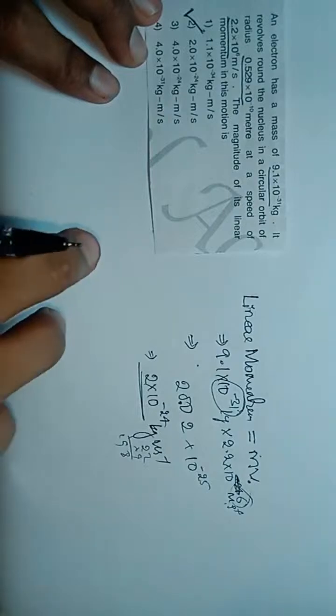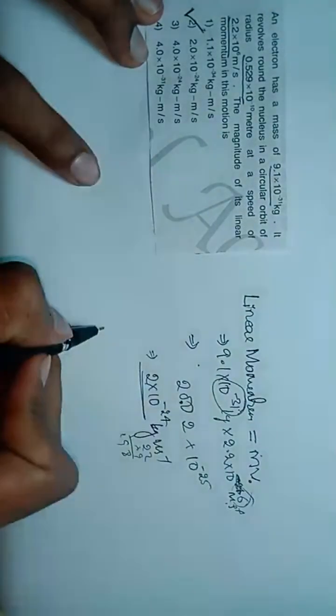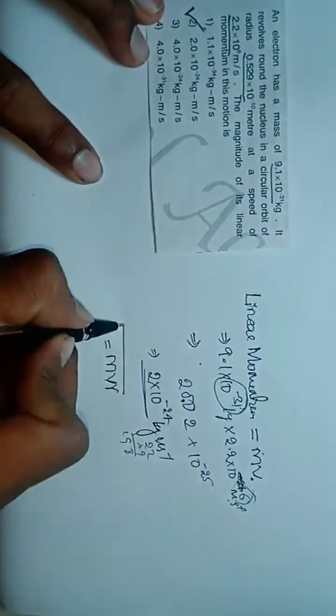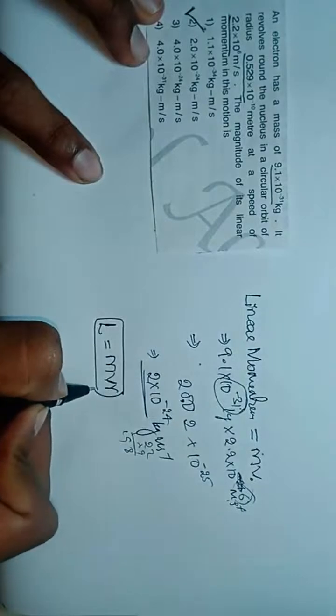P is equal to m into v. If they are asking for the angular momentum, then L is equal to m into v into r. Sometimes they will confuse you by giving extra data.